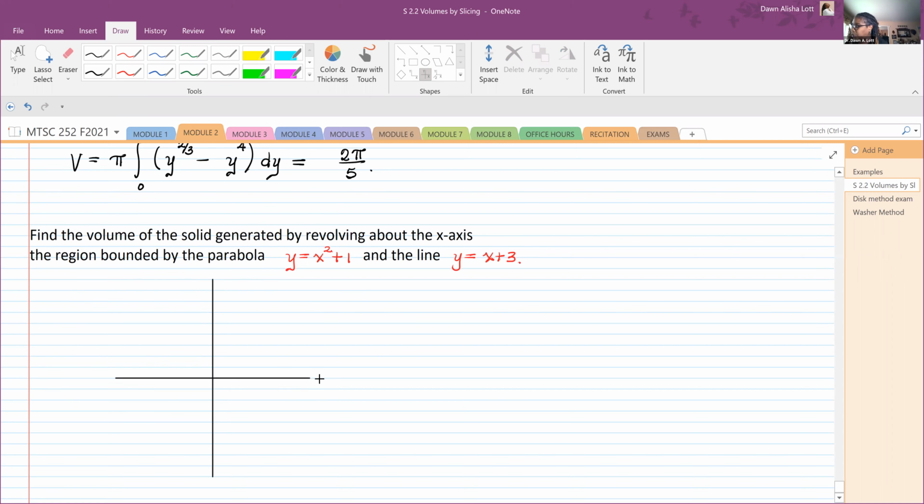Both of these are rather easy functions, so they're not hard to draw. And if you're not quite sure, just look on your quick study for calculus and answers, and it should be a picture of hopefully y is equal to x squared, I believe is on there. And the line y is equal to x plus 3. So I am giving you a few moments to graph this yourself.